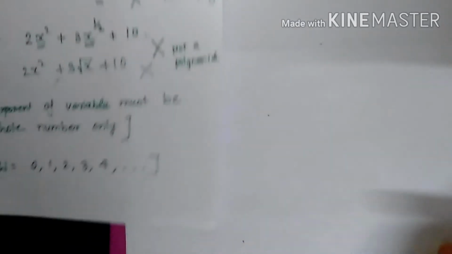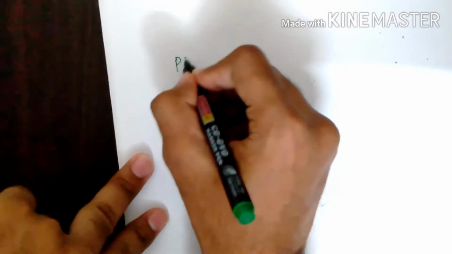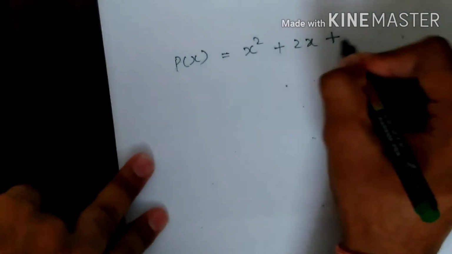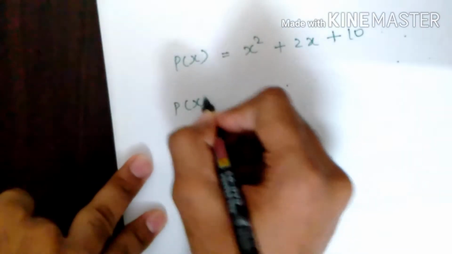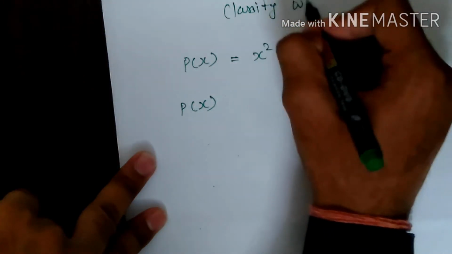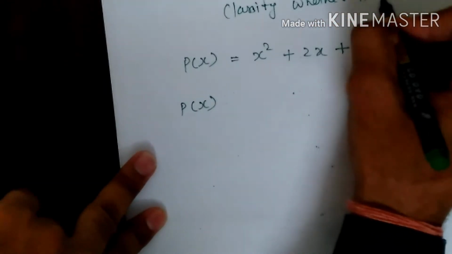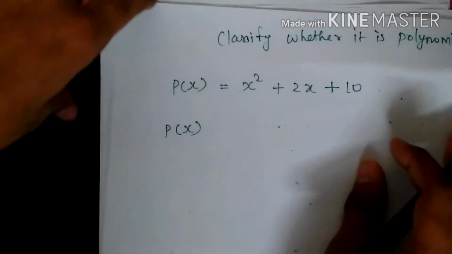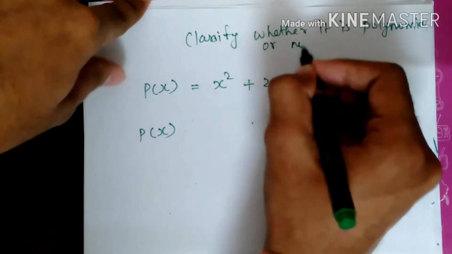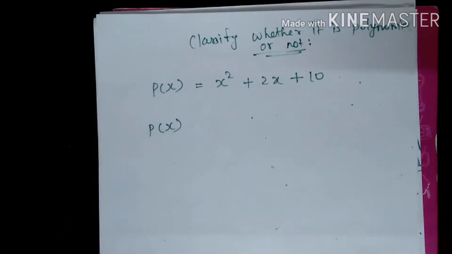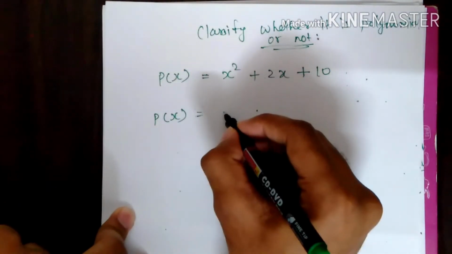So let me write a few examples to explain in detail. x square plus 2x plus 10. Now we will classify, with the help of a few examples, whether these are polynomials or not.